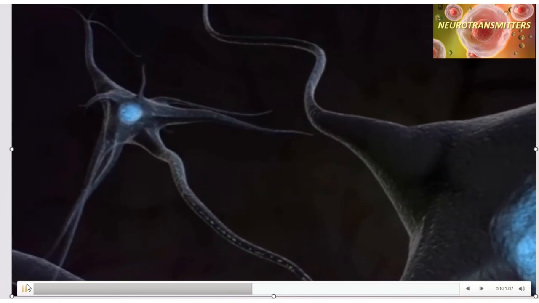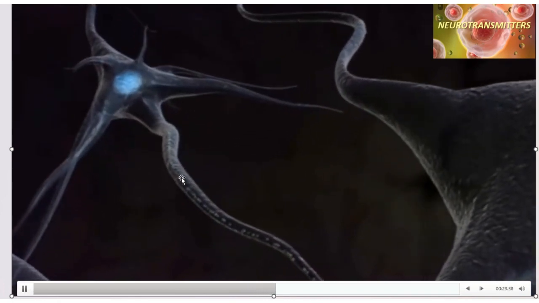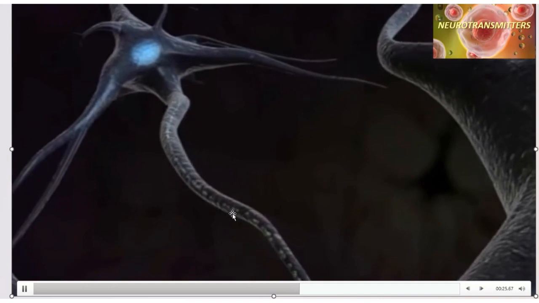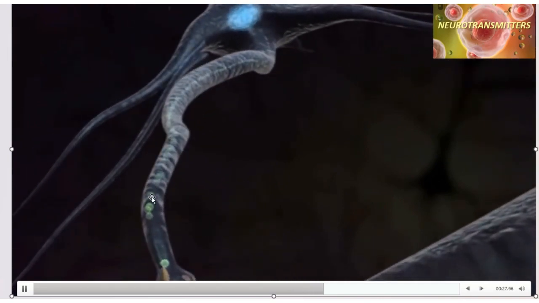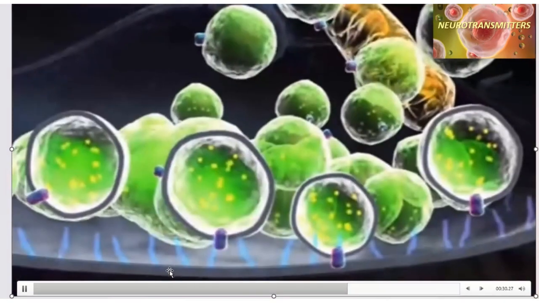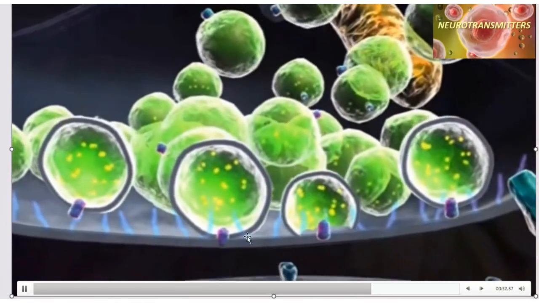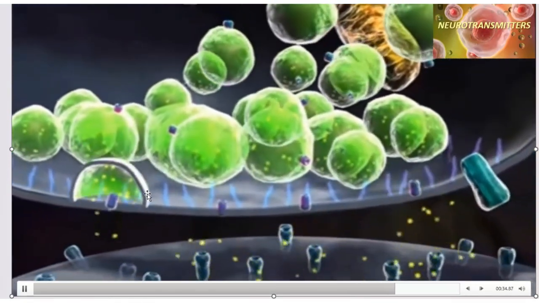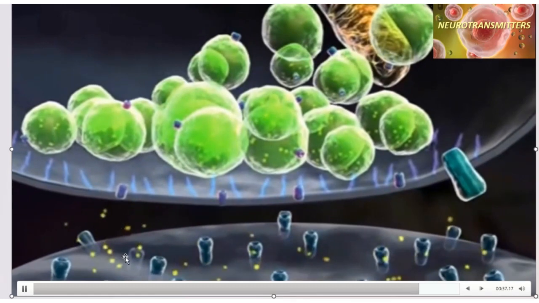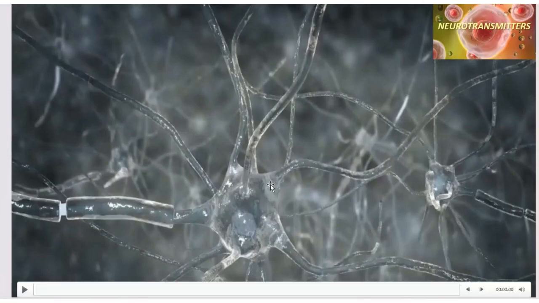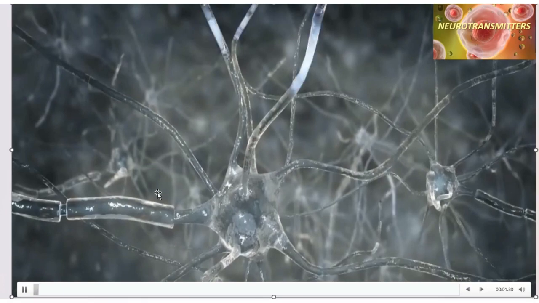You can see here the neurotransmitters are released from the presynaptic neuron. These are released outside, and the neurotransmitters are received by the receptors which are present on the postsynaptic neuron. This is the post neuron. You can see this one very clearly here.